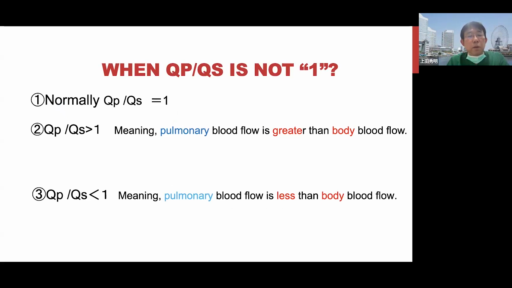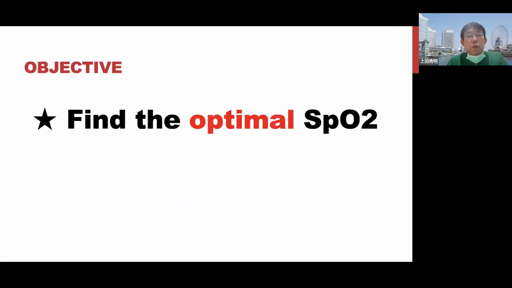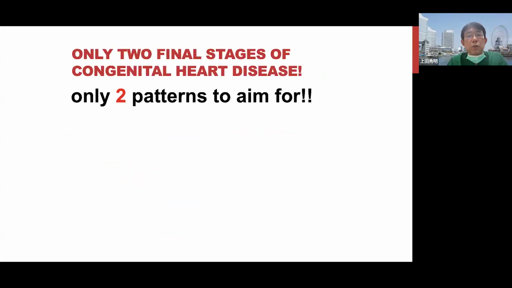If the QpQS is under 1, pulmonary blood flow is lesser than the body blood flow. We have to always be thinking about this. QpQS above 1 means it's high flow. If the QpQS is lower than 1, it's a low flow state. So what is the optimal saturation?